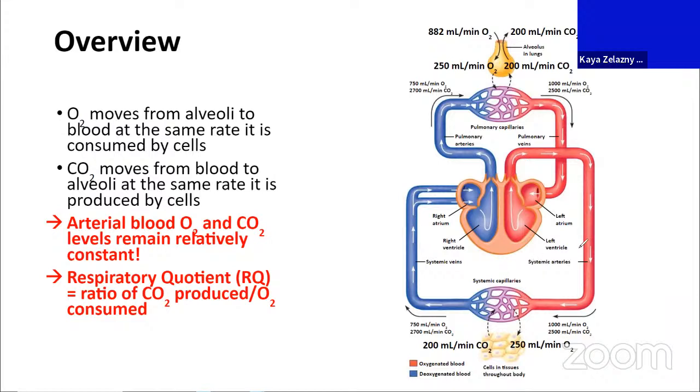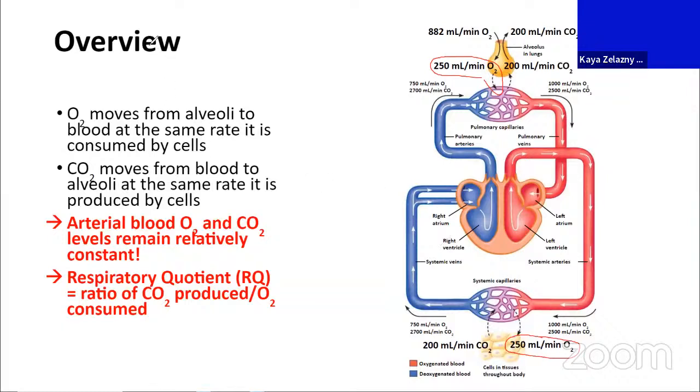So we're going to be absorbing about 250 milliliters of oxygen per minute, and our cells throughout the body are going to be using about that same amount for all that metabolism and all that ATP that we're making. So we're really just trying to replace the oxygen that we've used up.